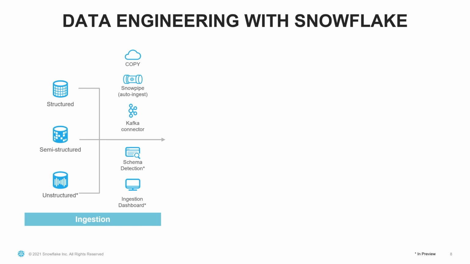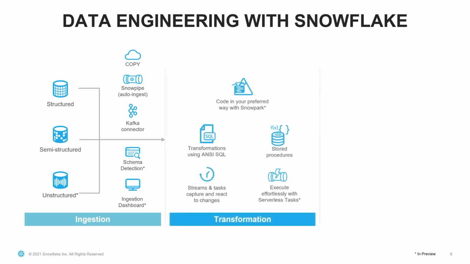Once the data lands in Snowflake, you can perform transformation using ANSI SQL. Those of us who are more comfortable using Java, Scala, or Python, we will talk about Snowpark, and how it's making it easier for you to perform the same transformations in Snowflake without worrying about the language.